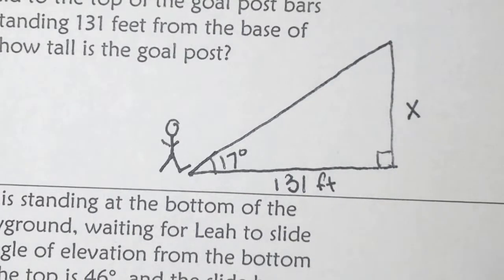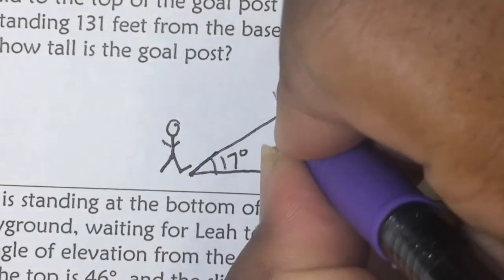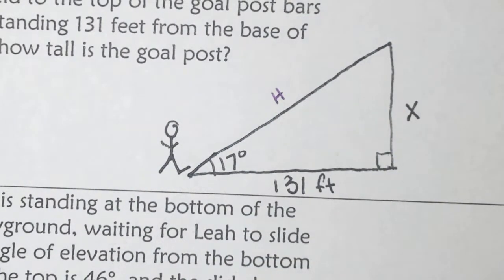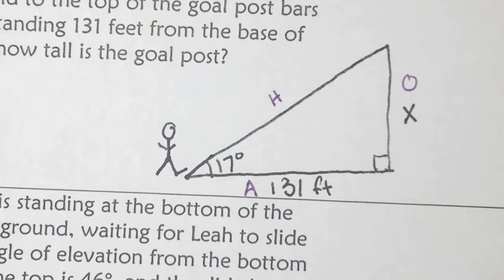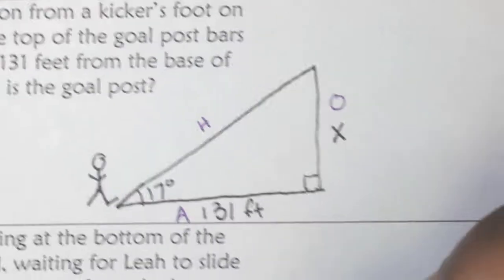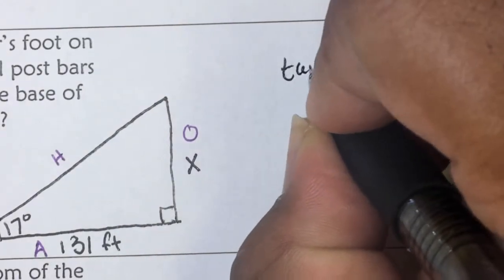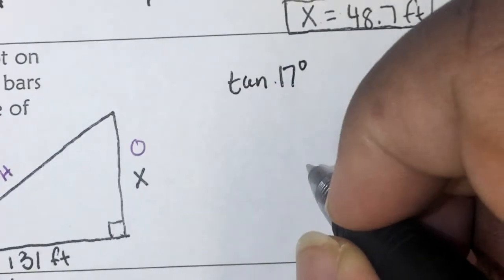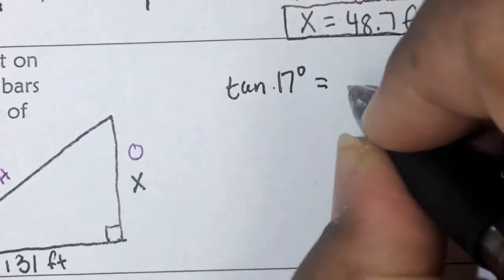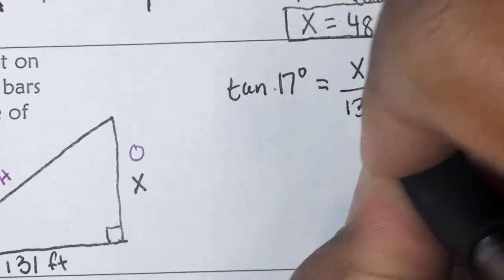Now we need to label. The H is going to be on the blank line. The J is going to be next to 131. And then we're going to do tangent of 17 degrees equals X over 131.